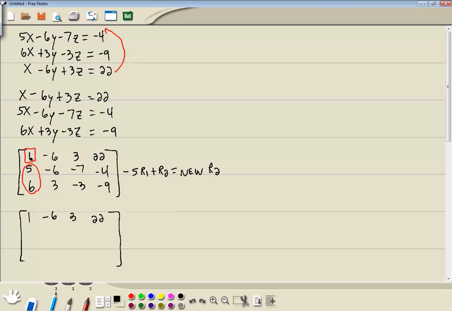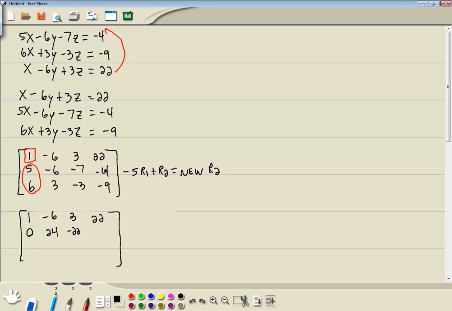Okay, so -5 times 1 is -5, plus 5 is 0. -5 times -6 gives us 30, plus -6 is 24. -5 times 3 is -15, plus a -7 is -22.